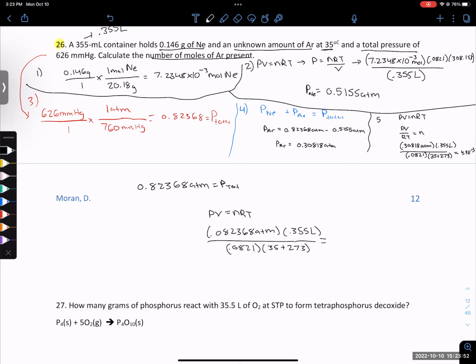I got 1.156, and that's total moles, right? Now we're going to subtract the moles of neon that we found up here in step 1. And that gives you the moles of argon.